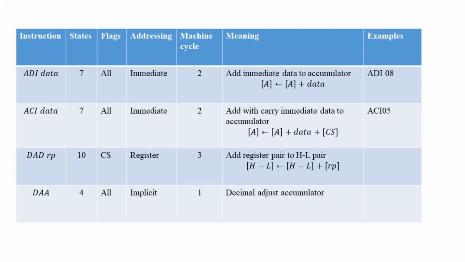One example is ACI 05. ACI 05 means the content of the accumulator plus 05 plus the content of the carry flag, either 1 or 0. Here the machine cycles are 2 and the states are 7.